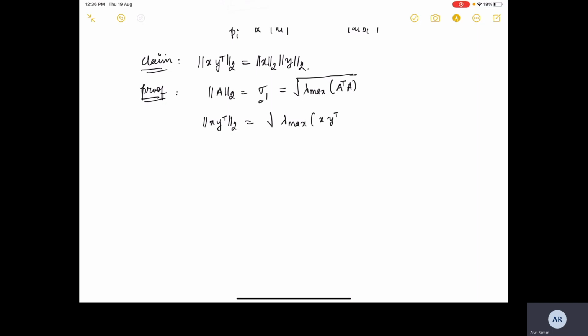We have x y transpose times x y transpose.